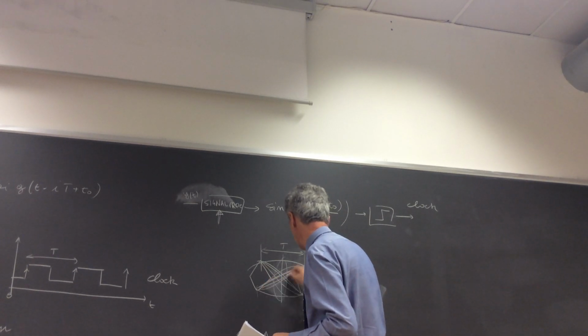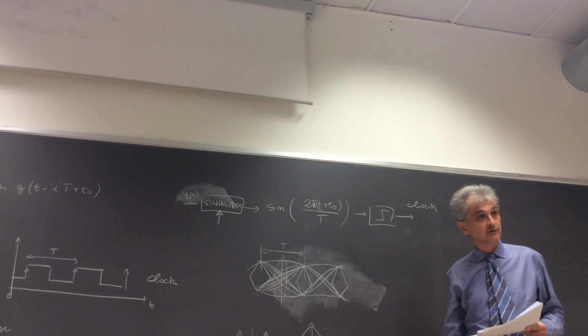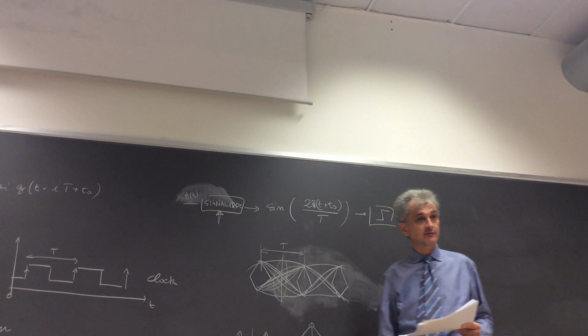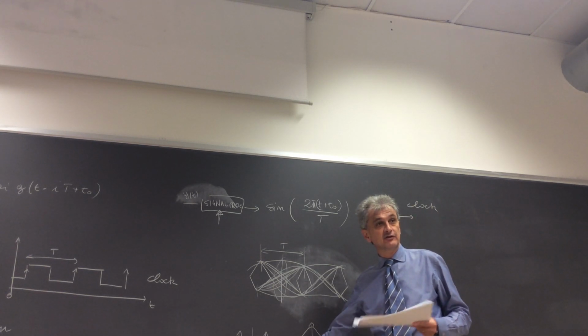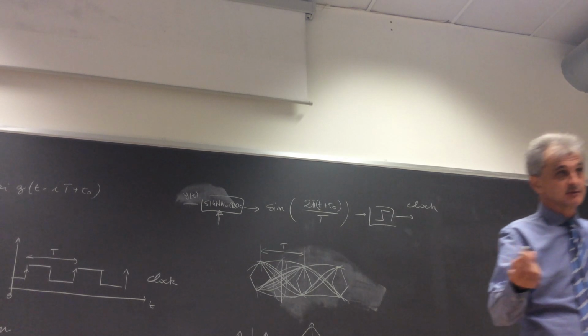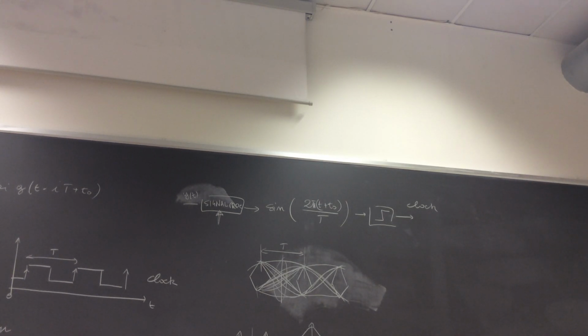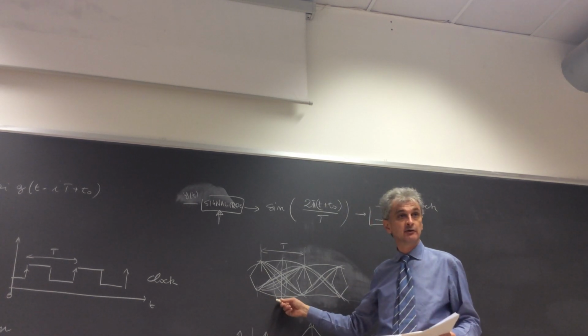And you have a probability of crossing the zero, for instance, that here you don't have. So this means that the statistics, the probability density function, and therefore maybe also the moments, the mean, the second order moment, are different here and here.